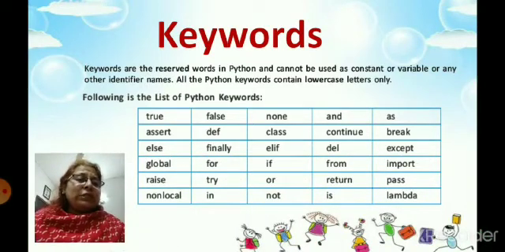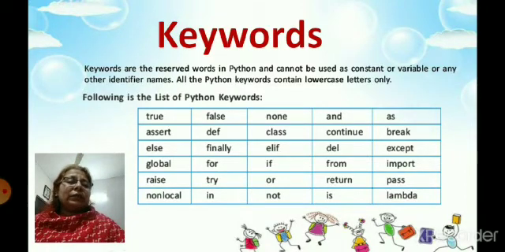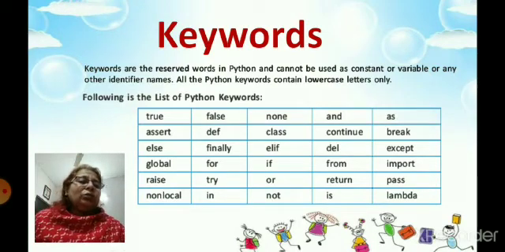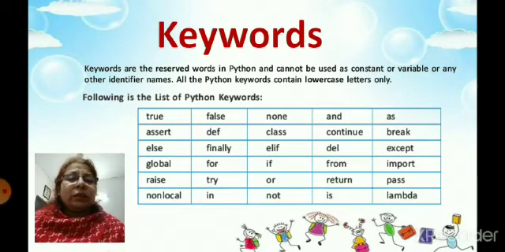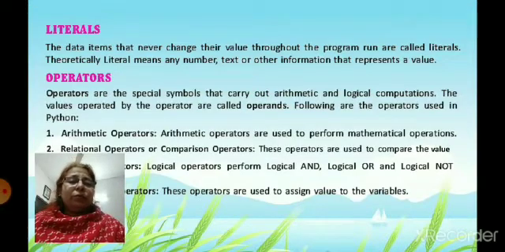True, False, None, and, as, assert, def, class, continue, break. All these are reserved words which you can't use as a variable. You have to take variables except all these particular words.